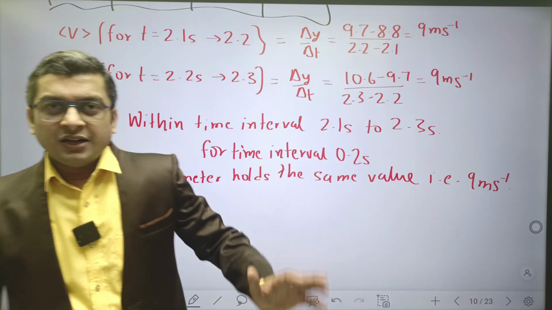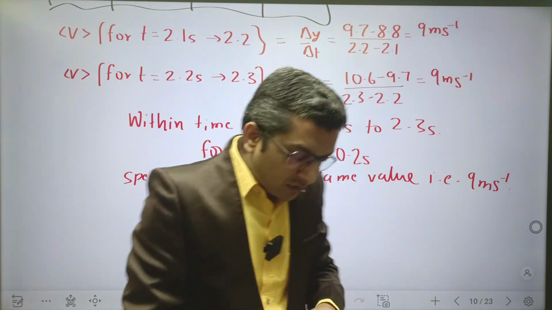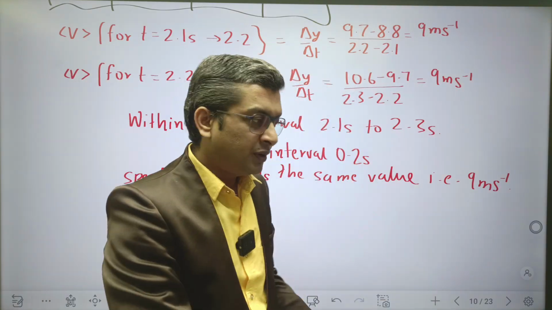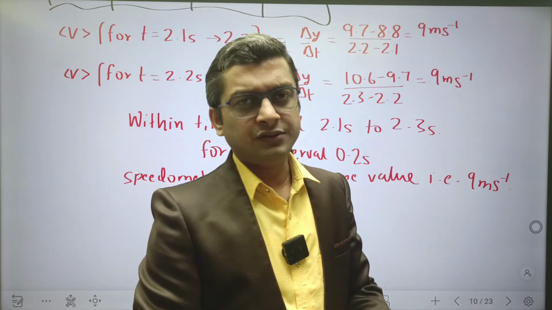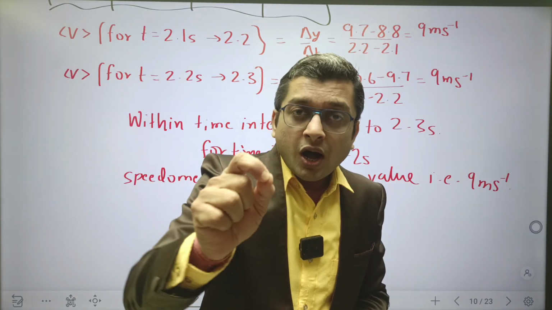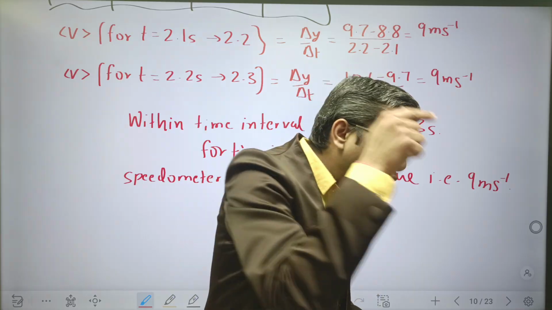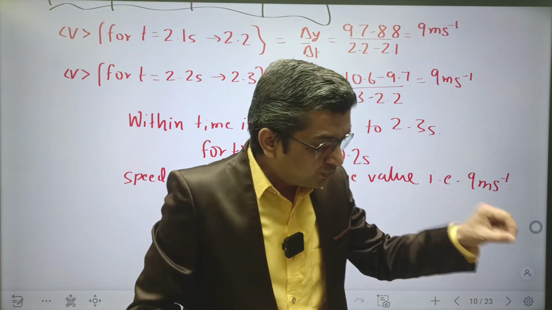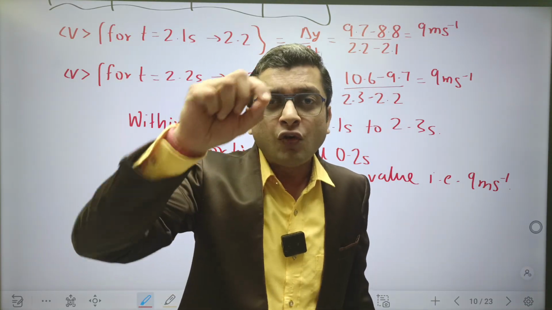Now, what is the story? The story goes like this: when you accelerate any vehicle, the speedometer shows different readings. This is 100% okay. But my dear students, you are able to read those values only because the speedometer holds that value for a very little time.